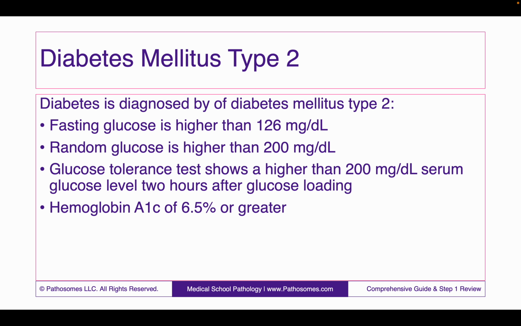So fasting glucose that is higher than 126 milligrams per deciliter, or random glucose higher than 200 milligrams per deciliter. A GTT, glucose tolerance test, showing a higher than 200 milligrams per deciliter serum glucose level 2 hours after glucose loading. Or hemoglobin A1C of 6.5% or greater.